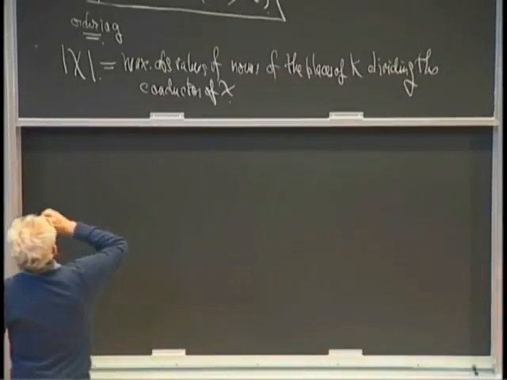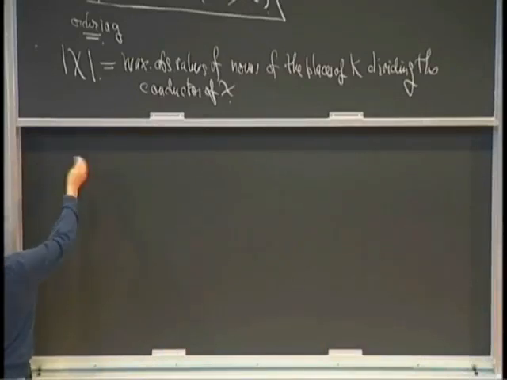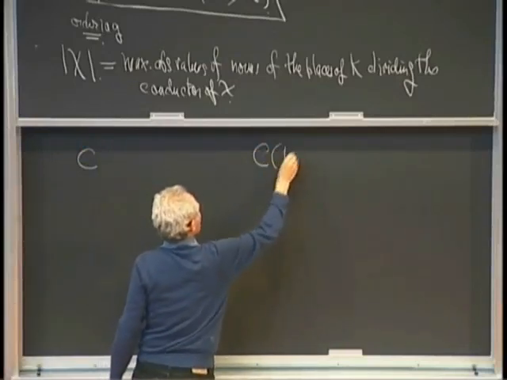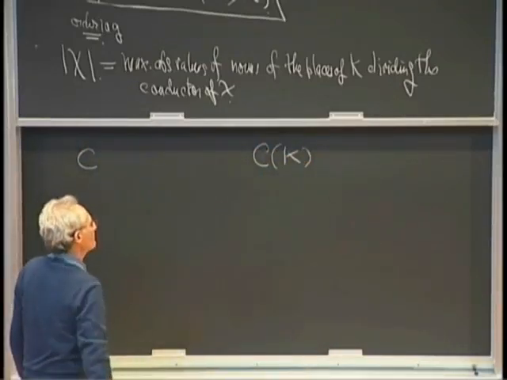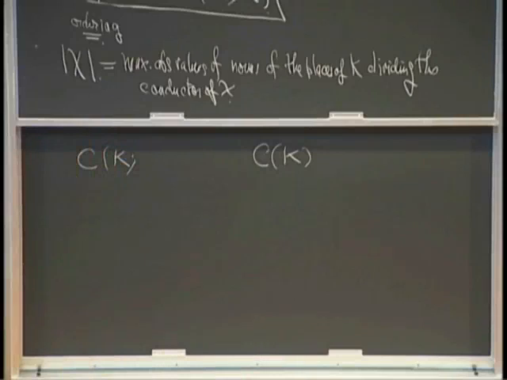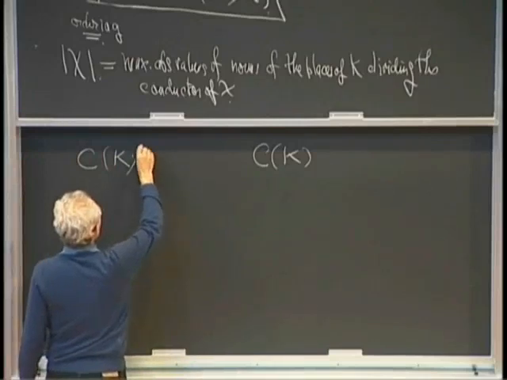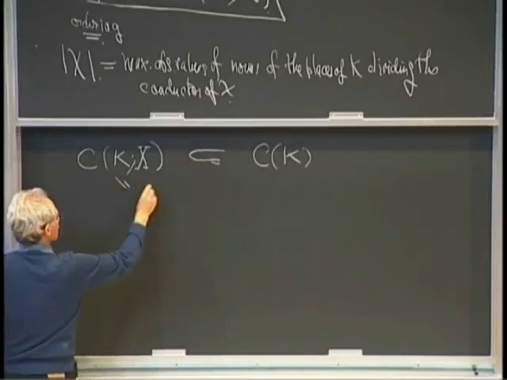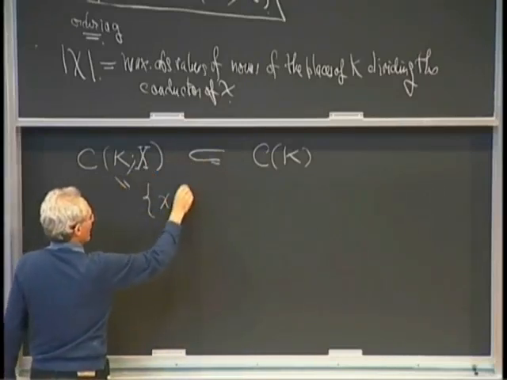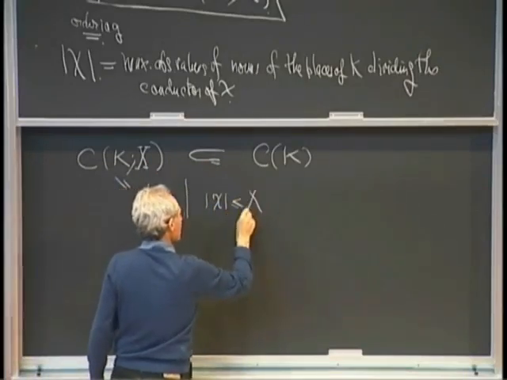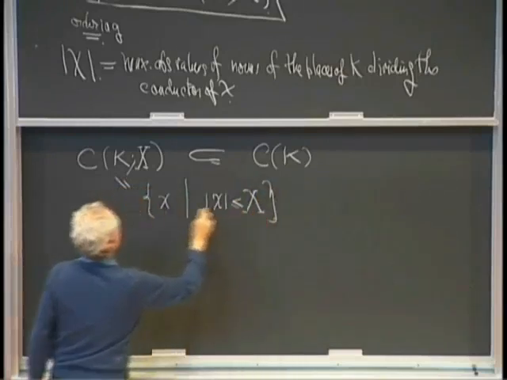The advantage here, by the way, is the fact that if I just consider the subset of the group of all characters consisting of all the characters whose absolute value is less than any real number x, so C_K(x) is the set of all characters with absolute value less than or equal to x. That's a subgroup.